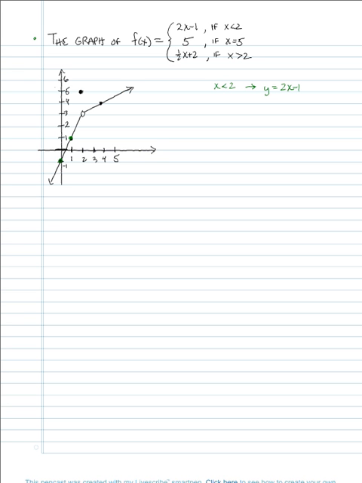Then I looked at the value x equal to 2, and in that case, from the definition of the function, y is 5. So the point 2 comma 5, which is the point way up there all by itself, is on the graph.